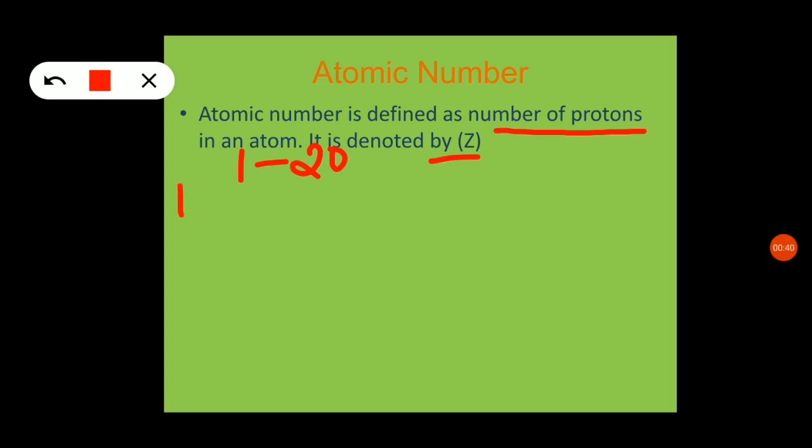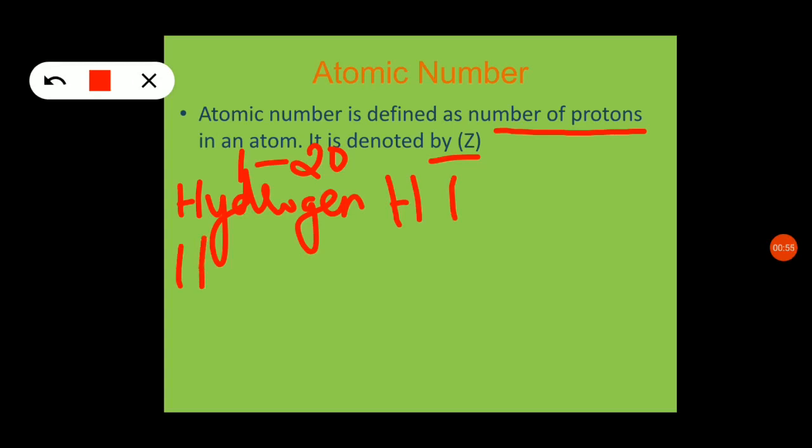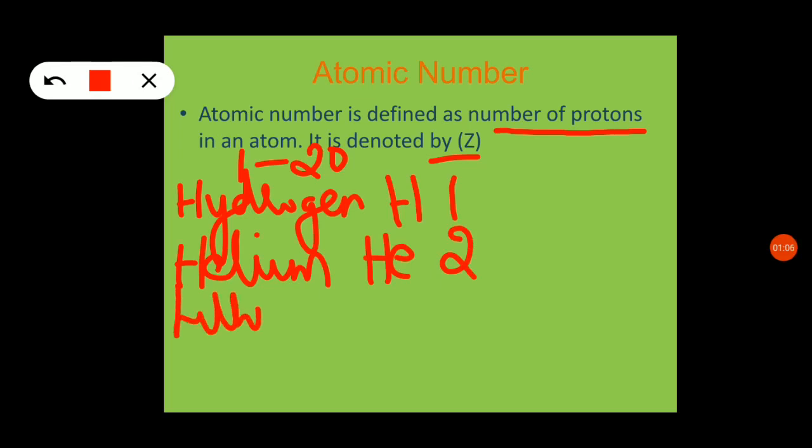The first element is hydrogen. The symbol is H and the atomic number of hydrogen is 1. Next we have helium. Helium symbol is He and the atomic number is 2. Next we have lithium.